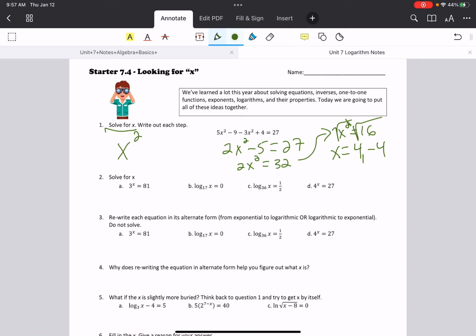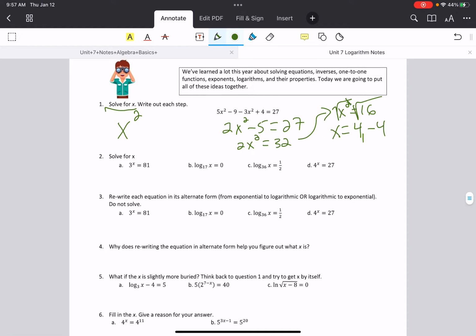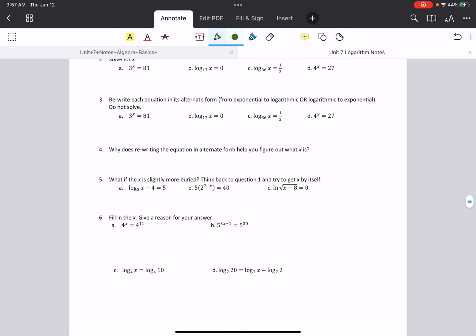Okay, so now let's go ahead and see how that applies to what we've been doing with logs, okay? If I want to solve for, let's look at this one.